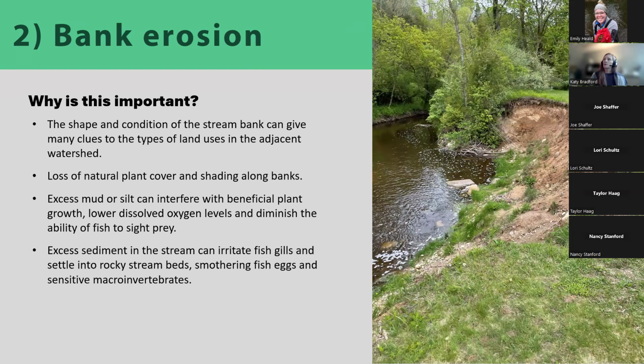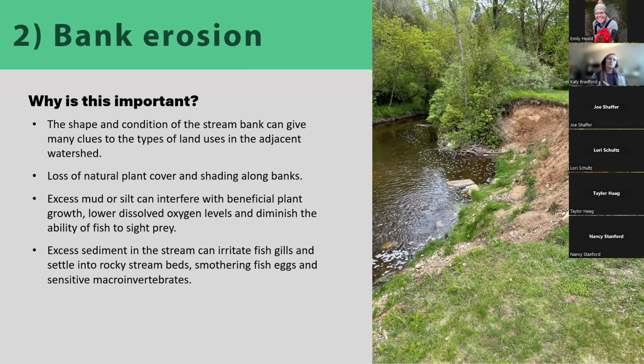If you have an eroding bank, you're losing plant cover and shading as that vegetation is lost. You also get erosion. So you have that mud and silt that is flowing into the stream, maybe filling in those nooks and crannies and riffles that macroinvertebrates live in and that fish are laying eggs in.